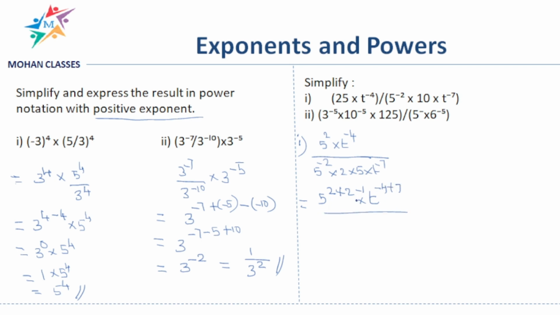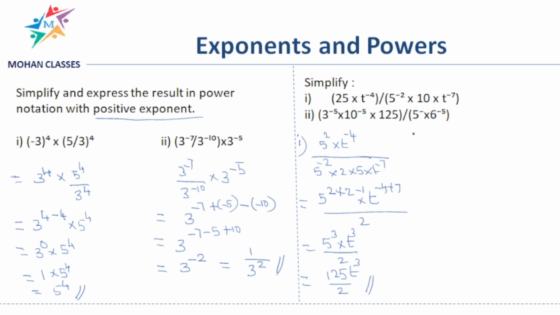What is left? Left with 2. So that is equal to 5 to the power of 2 plus 2, 4 minus 1, 3, 5 cubed into t to the power of 3 divided by 2. So 5 cubed is 125, giving 125 t cubed by 2. Clear? This is the answer for the first one.